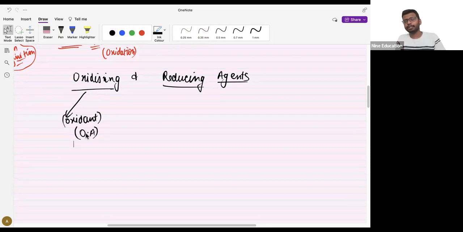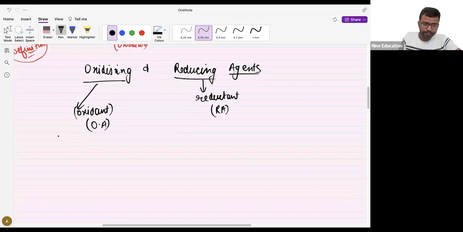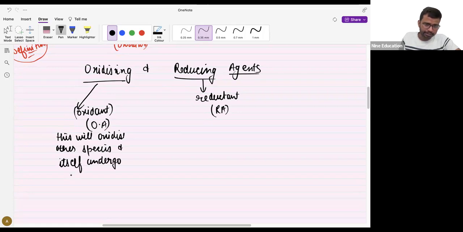If somewhere it is written OA, you will come to know it is oxidizing agent. Similarly, reducing agent we call reductant, and RA, reducing agents. What is an oxidizing agent? This will oxidize other species and itself undergo reduction.